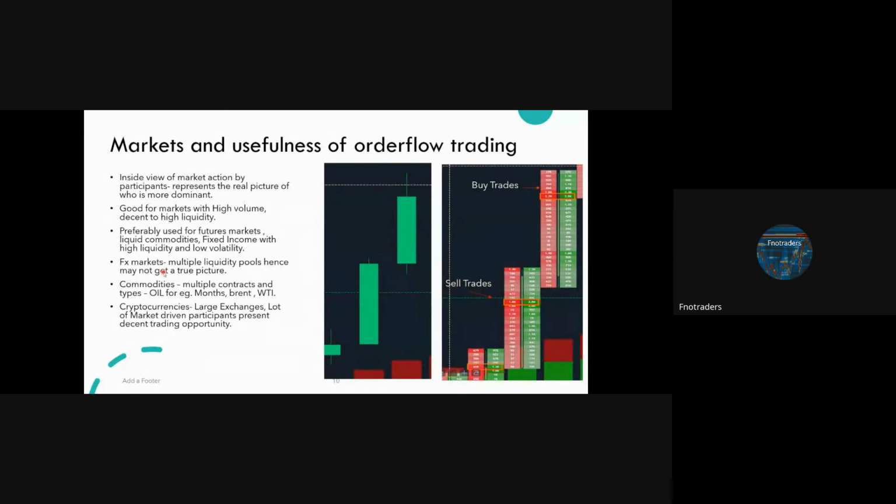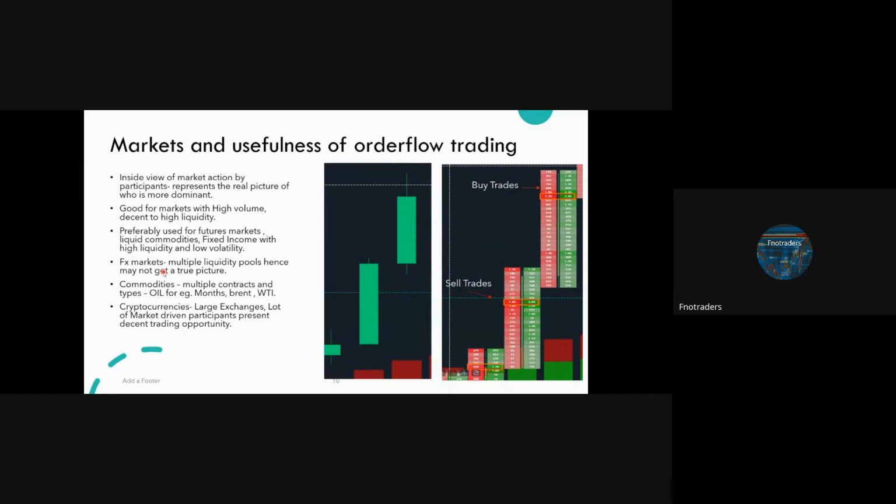The only challenge with using order flow charts in FX markets is that FX has different exchanges, and similarly cryptos also have different exchanges. There is no single common place where a EUR/USD transaction or a BTC/USD transaction happens. There are multiple exchanges where BTC or EUR/USD gets traded, so you don't have a common order book. Unlike Nifty or Bank Nifty, where everything is traded on the NSE exchange, and there is no other place in the world where it gets traded.